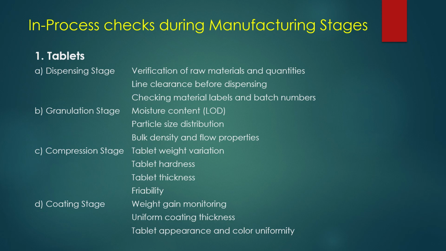In-process checks during compression include monitoring tablet weight variation, hardness, thickness, and friability. Checks during coating involve monitoring weight gain, coating thickness, and tablet appearance and color uniformity to ensure consistent coating quality and product appearance.